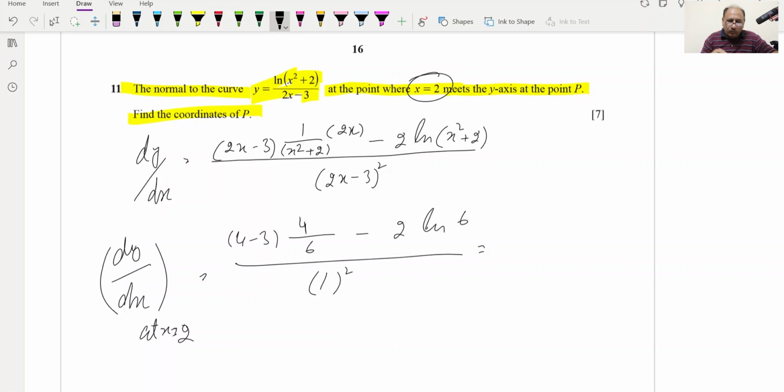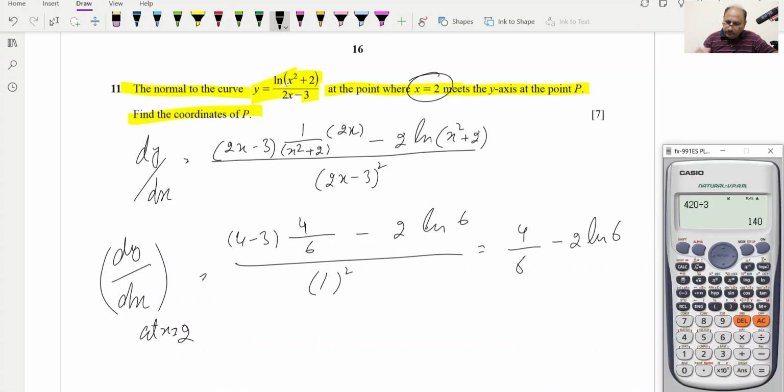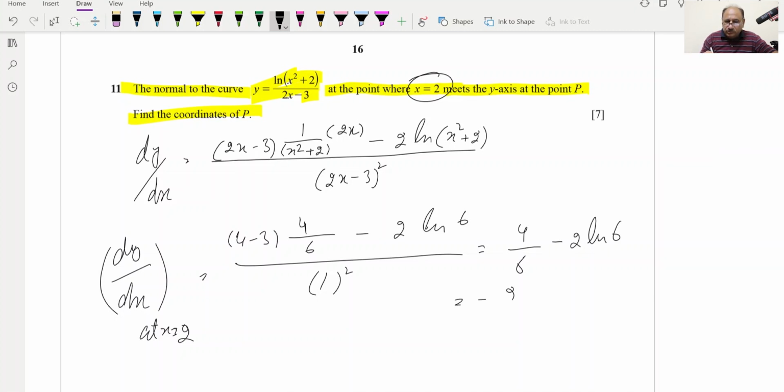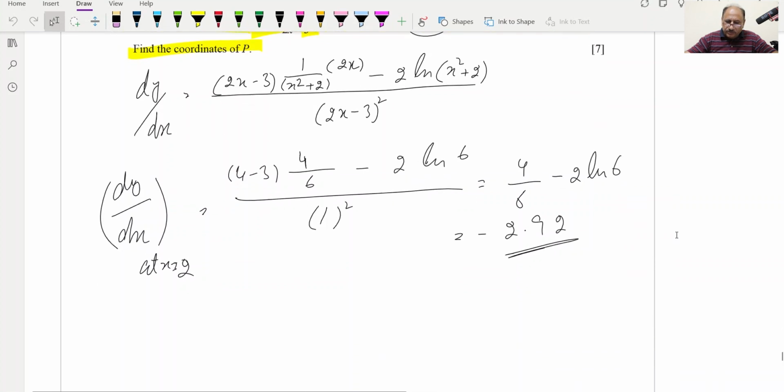So this will be equal to what? This is 1, so 4 over 6 minus 2 log of 6, and we can find this 4 over 6 minus 2 log of 6 will be equal to minus 2.916, or we can write minus 2.92, and this value is basically the gradient at 2.